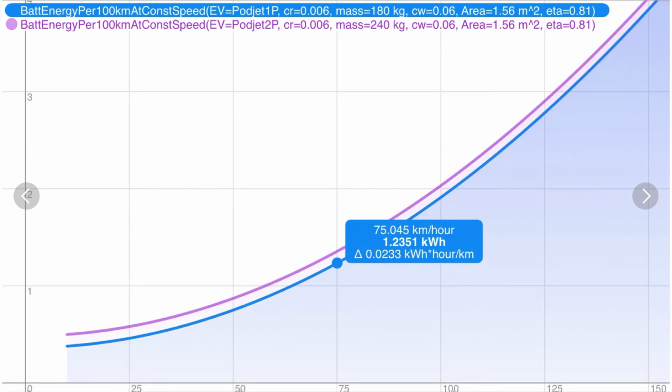And what you can see, for 75 kilometer per hour, we would have a consumption of approximately 1.25 kilowatt hour. And this means at 75 kilometer per hour, with this 2.5 kilowatt hour battery, you could drive 200 kilometer. This would be sufficient from my point of view for a city and country vehicle.